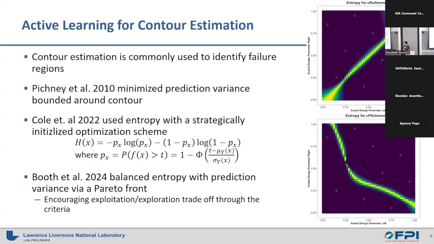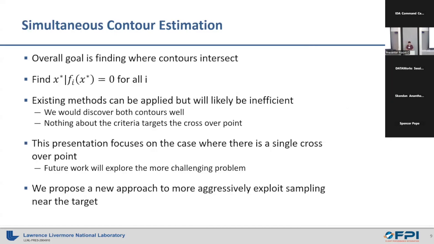However, if you just apply these directly, it doesn't really give you what you want, because the overall goal is to find where all of these contours intersect. So we want to find the X point where all of the responses are 0. This could generally be a different target value, but for ours, it is 0, so that's why I have it listed there.